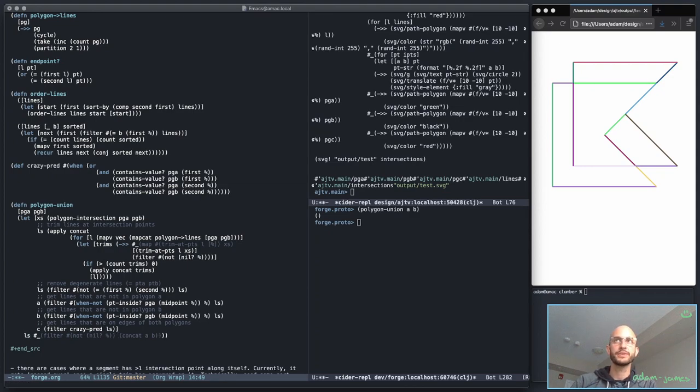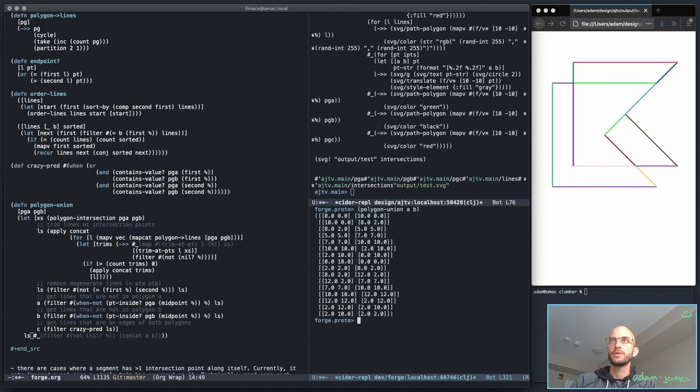All right, let's have a look at a list here. Right, so this list, there should be, so this line here goes from 7.7 to 10.10 right here. So this contains, so 7.7 is part of, it is a point on PGB but not PGA, but 10.10 is, oh no, this is wrong.